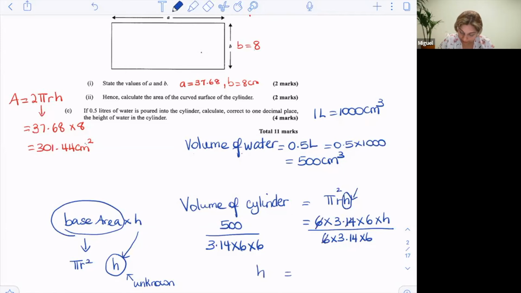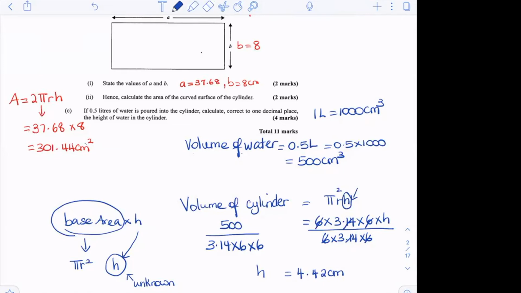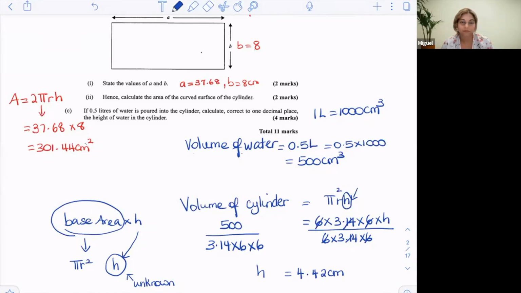I have 4.42 centimeters. Did anybody get that? Yes, miss. All right. Is anyone still writing?